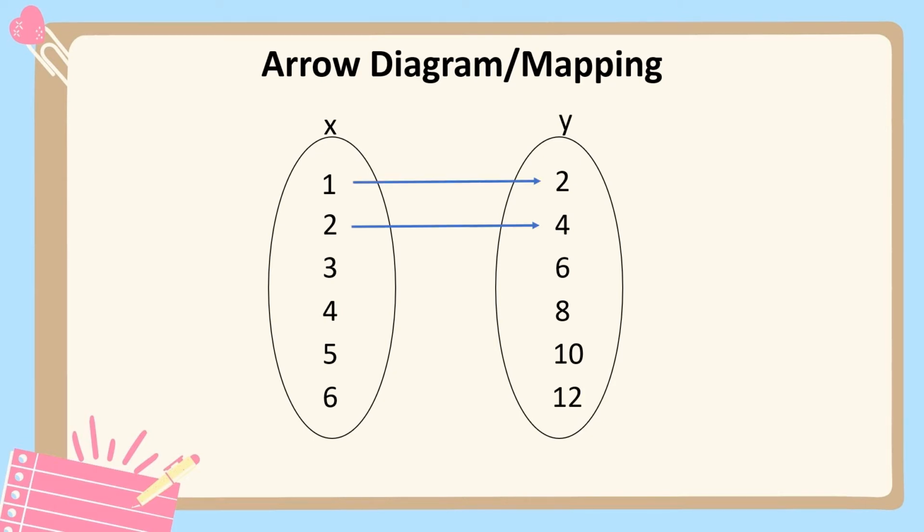So 1 is paired to 2, 2 to 4, 3 to 6, 4 to 8, 5 to 10, and 6 to 12. So this is how an arrow diagram or mapping looks like.